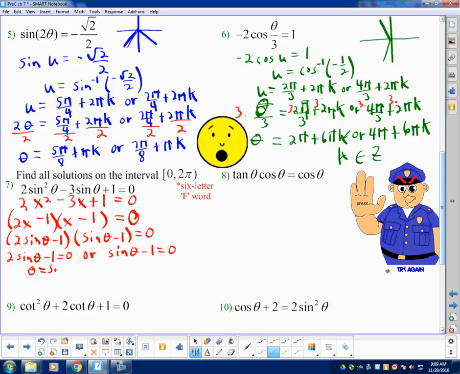So I have inverse sine of 1/2. That's what theta equals for that first term. And then over here we have theta equals, bring the 1 over, take inverse sine of each side. So it's inverse sine of 1. So I have theta equals inverse sine of 1/2, or theta equals inverse sine of 1.